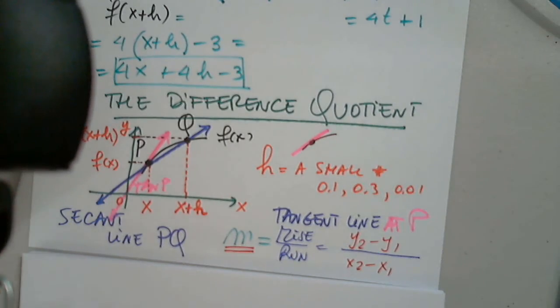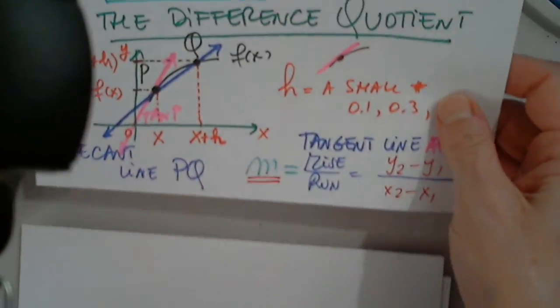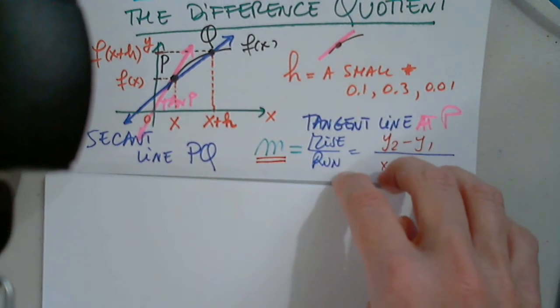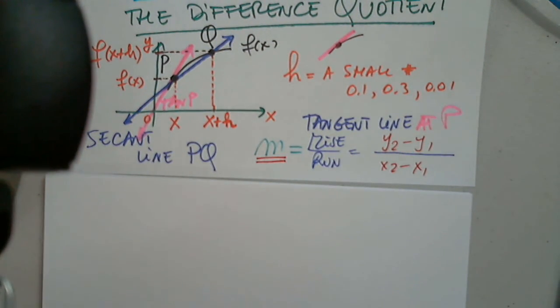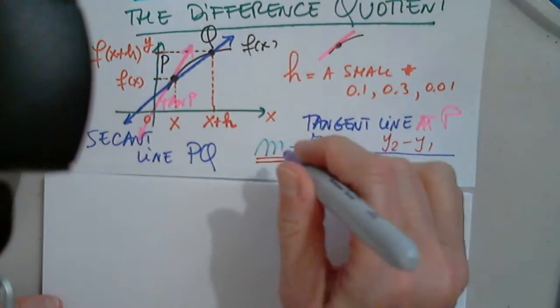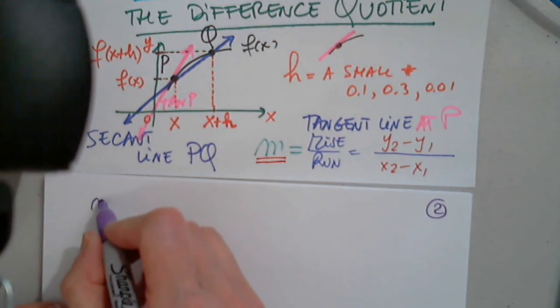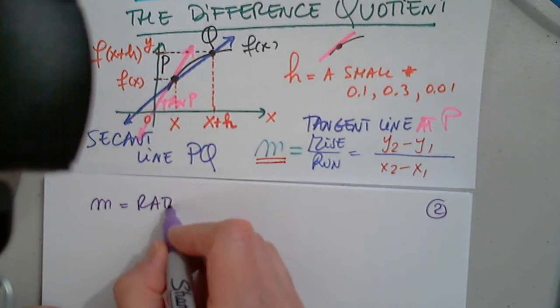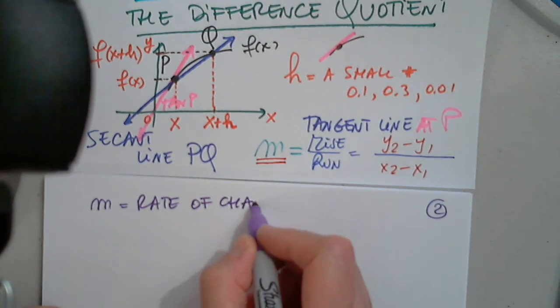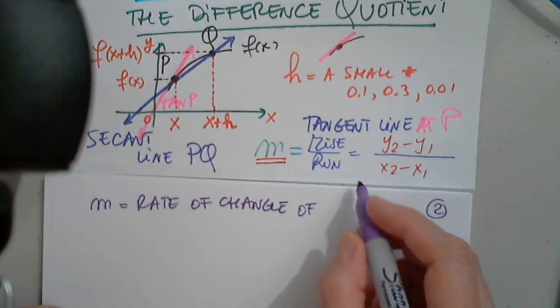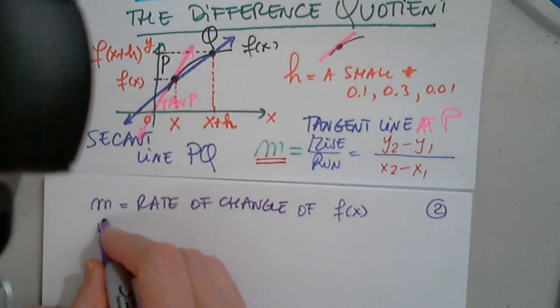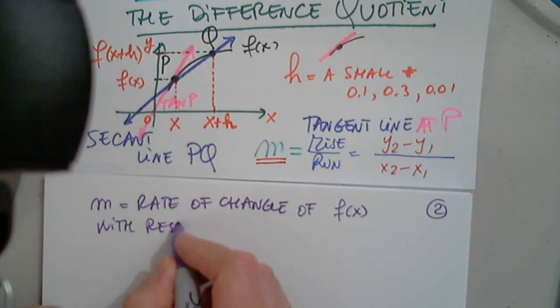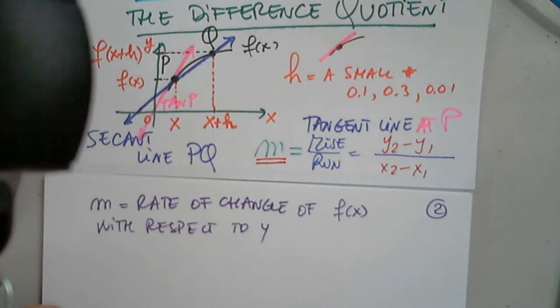Before we continue and find the slope of this line, let's write down in our notes what is the meaning of the rise over run. So the slope represents the rate of change of f of x with respect to, I'm sorry, of course, f of x with respect to x. What does it mean?